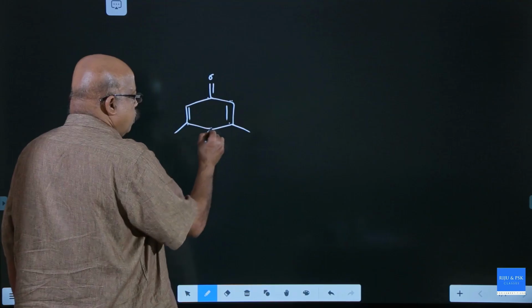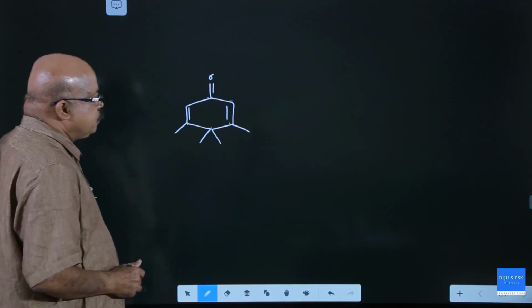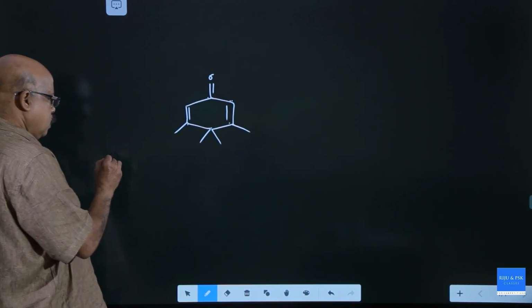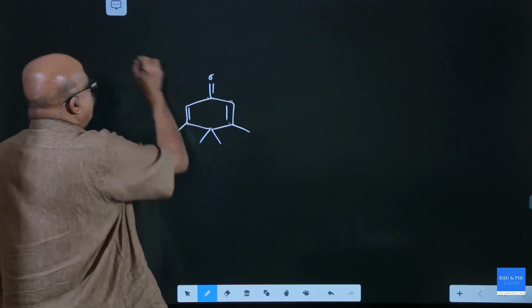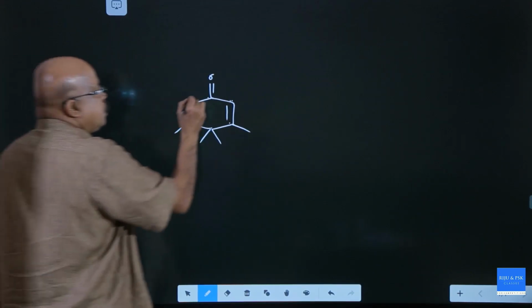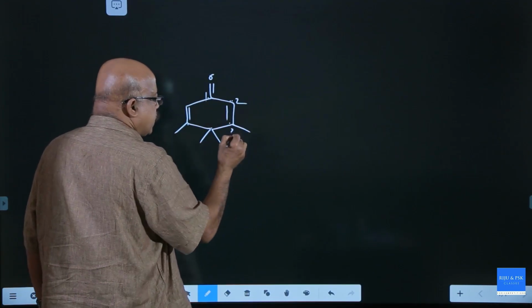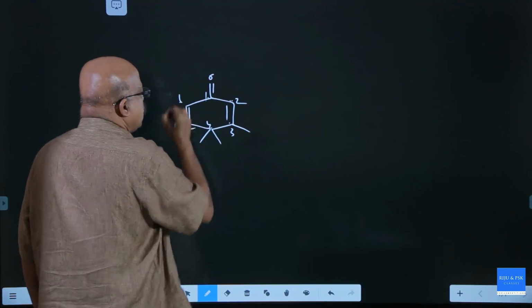What is this molecule? Come on. 1, 2, 3, 4, 5, 6.